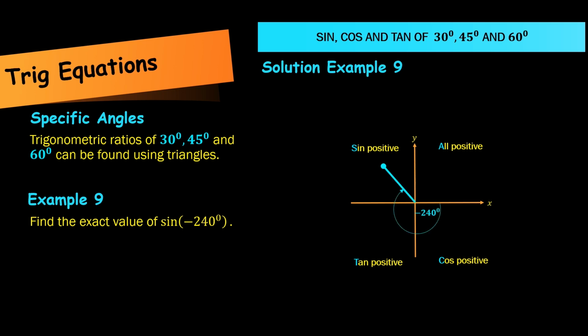Our angle is minus 240 degrees, so we go clockwise because it's negative. And this angle now lies in the second quadrant. Therefore, this is equivalent to 120 degrees. So sine minus 240 degrees is equal to sine 120 degrees.